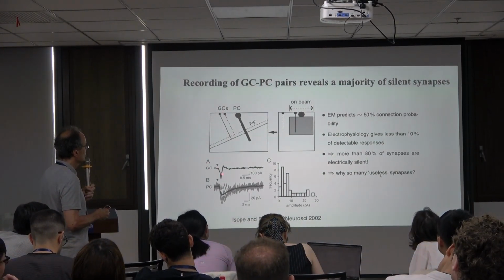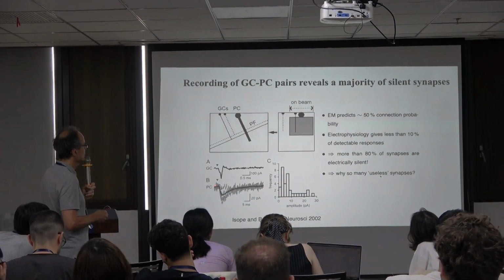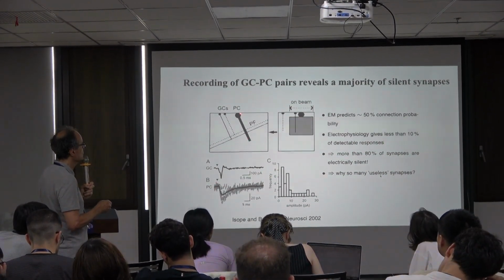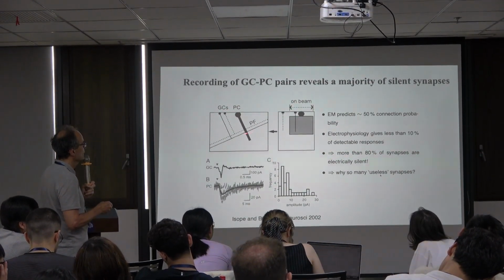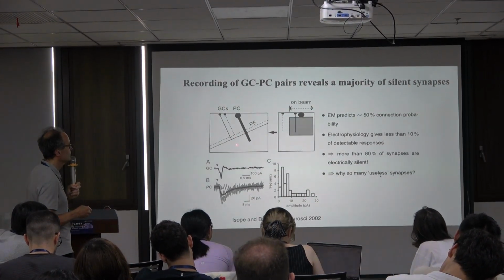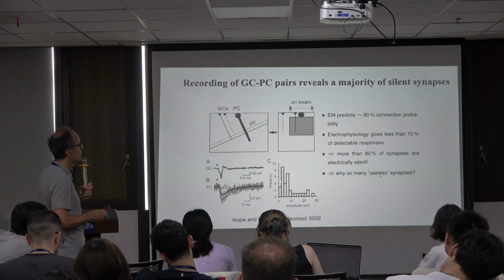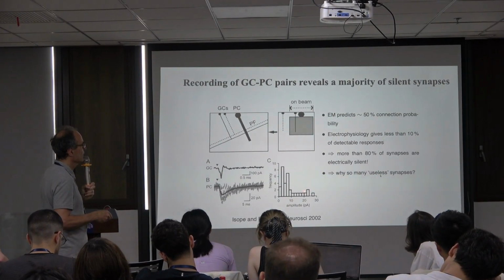You stimulate the granule cell and you measure the response in the Purkinje cell, the amount of depolarization induced by this synapse. So it's a proxy for synaptic strength, and you can measure the histogram of what you have.